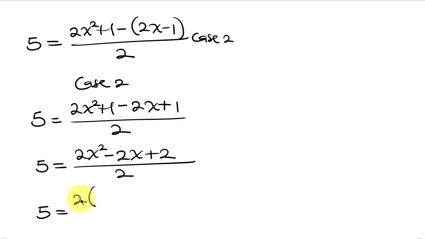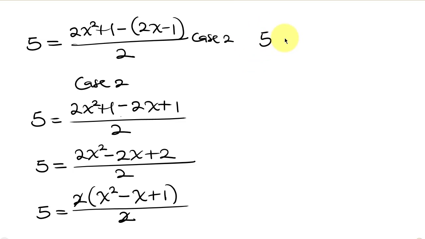Now 2x squared divided by 2, I have x squared, minus 2x divided by 2, I have x, plus, now 2 divided by 2 is 1, all over 2. Now notice that these 2 can cancel out. So leaving behind 5 to be equal to x squared minus x plus 1.